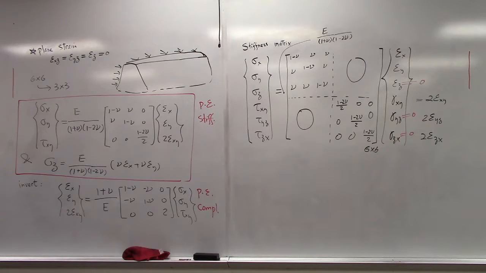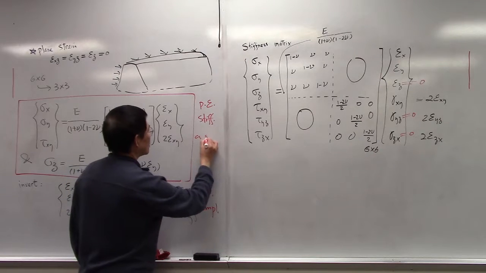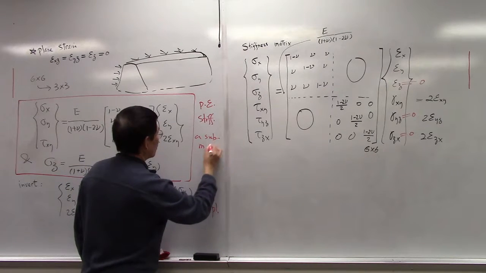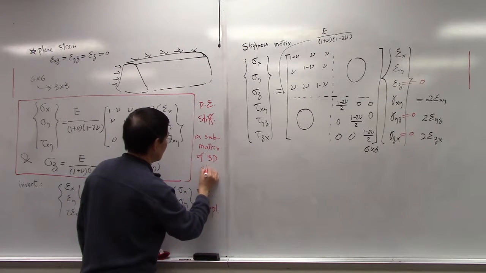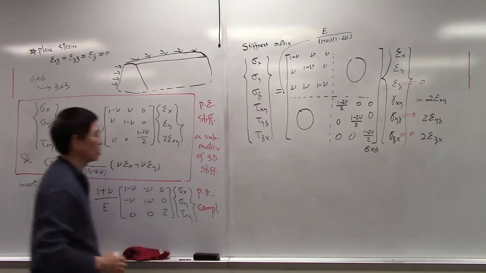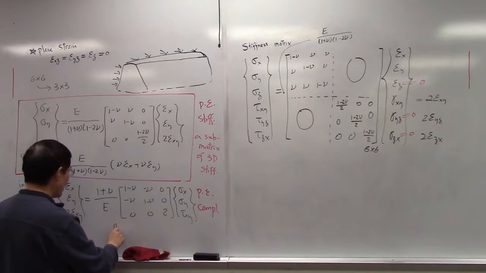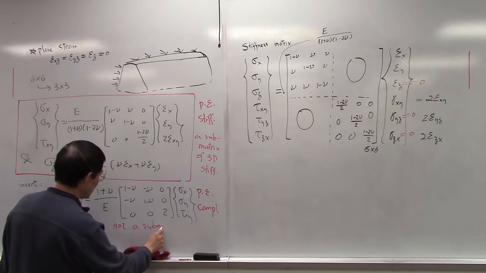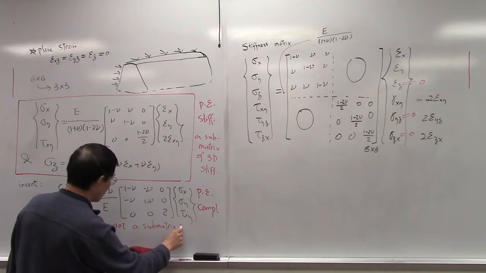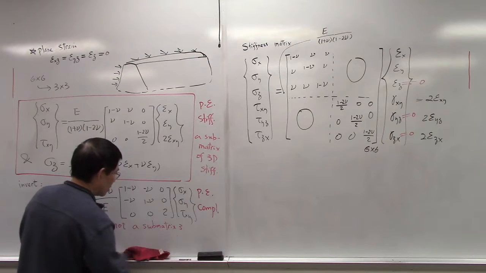I already erased that because I don't have enough room here, but you can compare that with the lecture notes that you have. So this is a submatrix of the 3D stiffness matrix. This one is not a submatrix of the 3D compliance.